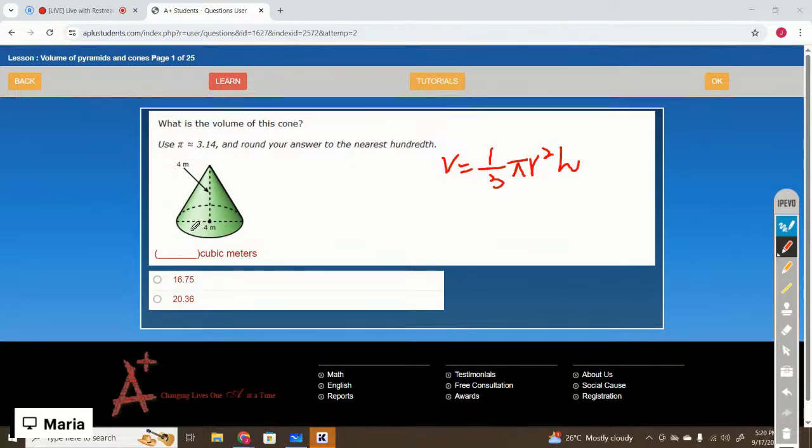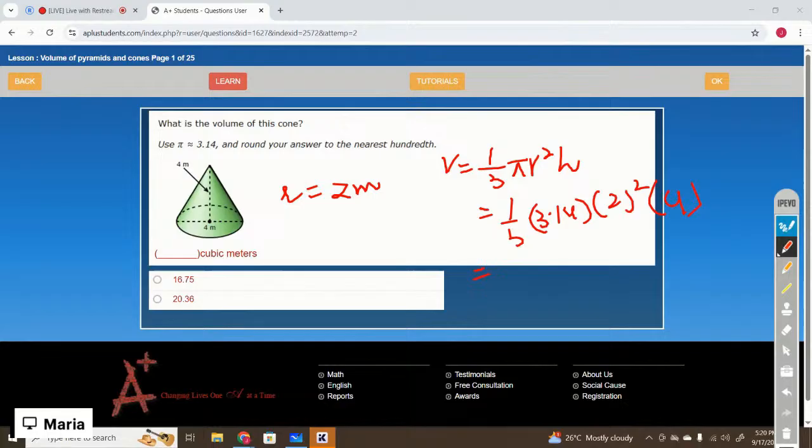So radius equals diameter divided by 2. So radius is 2 meters. So that is 1 by 3, 3.14, 2 square, and h is 4.